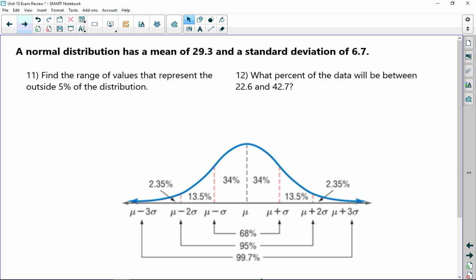Okay. Normal distribution, very similar to 1 through 4. What's my mean? The mean is 1, and that goes in the middle. That's my middle dash line. 1 deviation to the right.